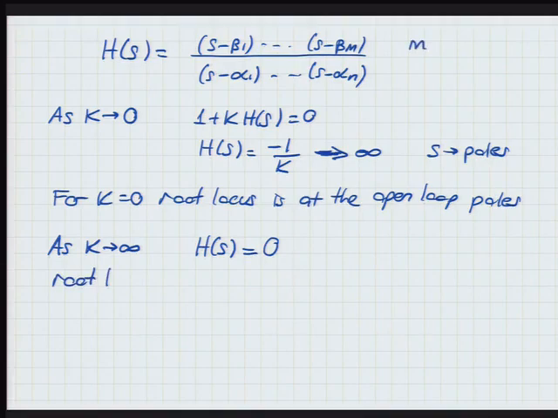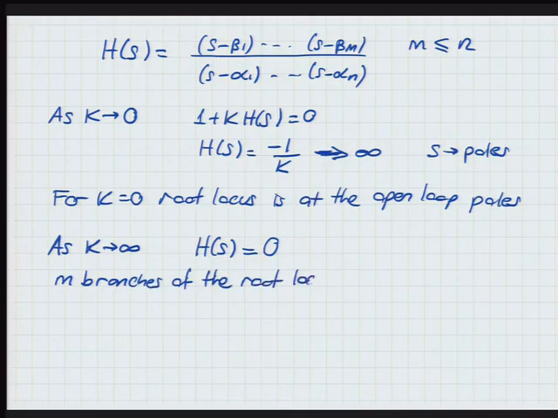We have m, right? And we'll make an assumption that we don't have more zeros than poles, so m is less than n. So what happens then is that m of the poles will be converging to the zeros. So the closed loop poles on the root locus will be converging to the zeros. So m branches of the root locus converge to open loop zeros.